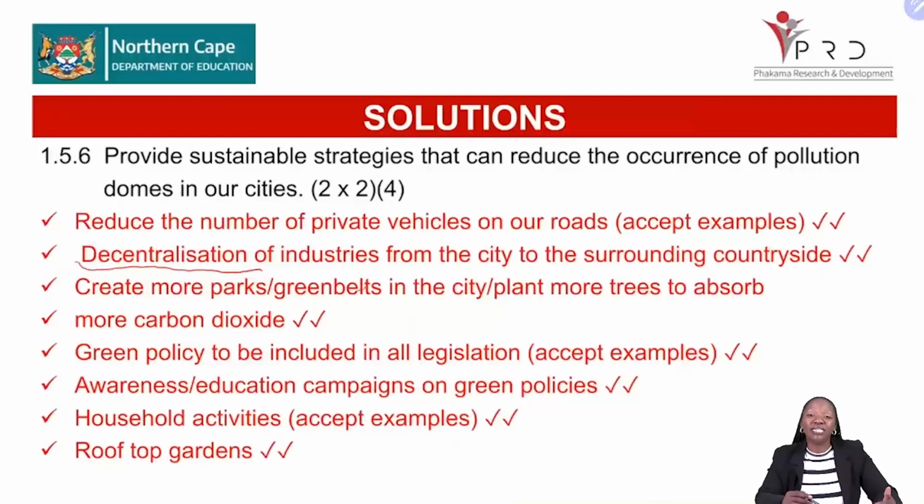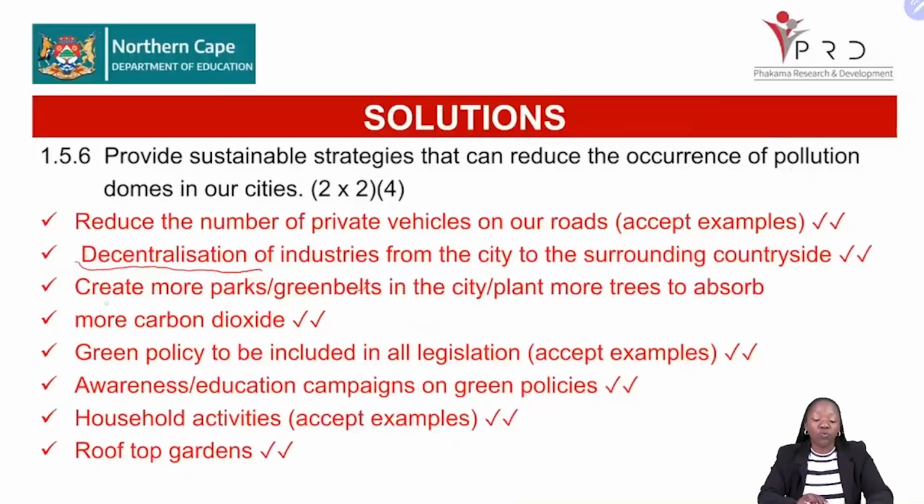So in doing that, it means there will not be many industries in one area because some will move into other areas. So decentralization of industries from the city to the surrounding countryside. Your countryside is preferably a rural area or on the outskirts.